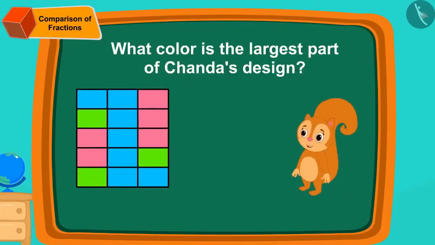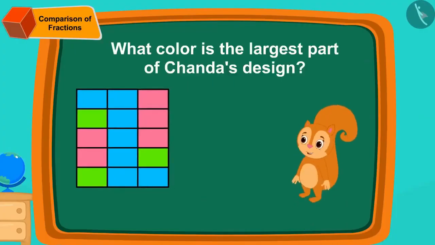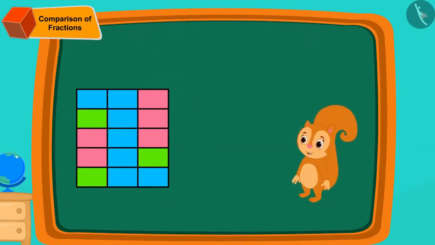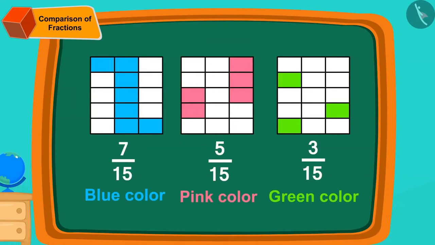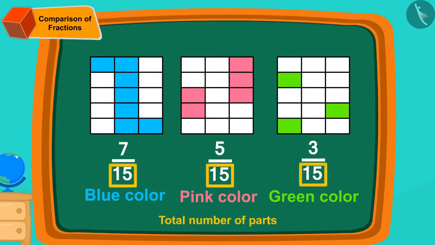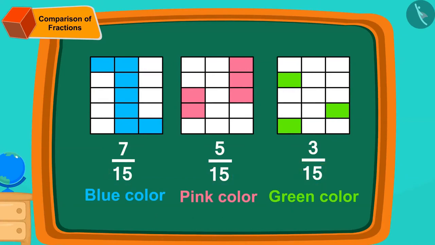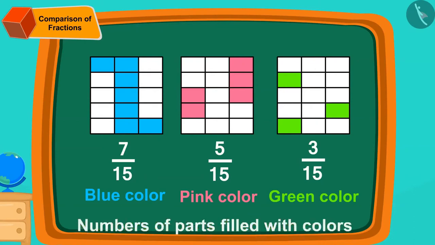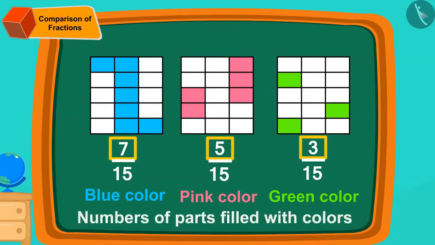Children, can you tell what color is the largest part of Chanda's design? Let us look at the number of parts of all the 3 colors. The total number of parts in the fractions of all the colors is exactly the same. Therefore, we will look at the numbers of parts filled with colors.